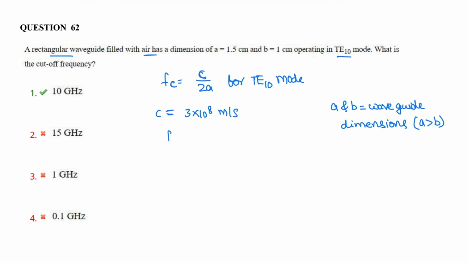So the cutoff frequency Fc is 3 into 10 power 8 by 2 into a. The wider dimension is 1.5 centimeter, so convert it into meters, 10 power minus 2. The answer is 10 gigahertz. So the first option is correct.